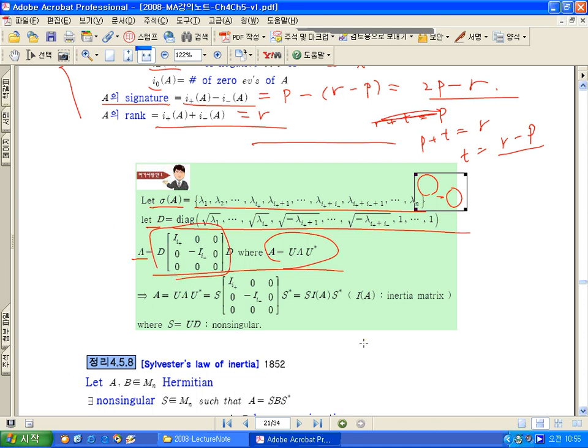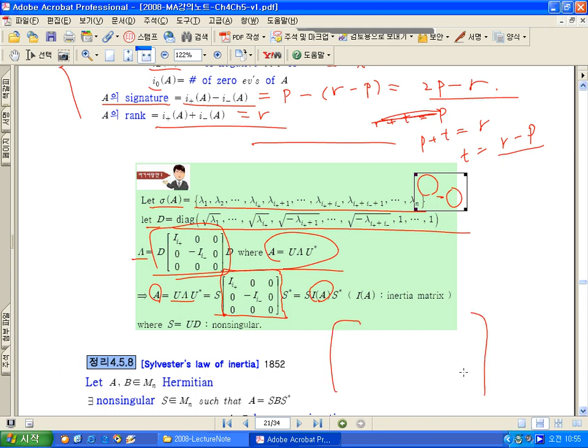So if the matrix A is written as U gamma U star, we say this is the inertia matrix of A.